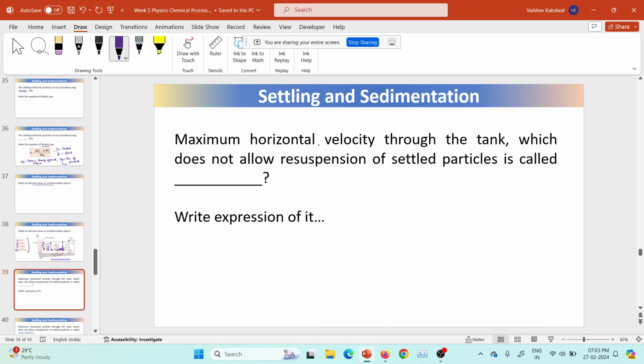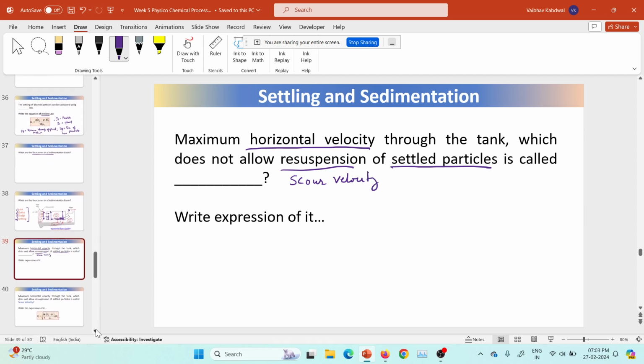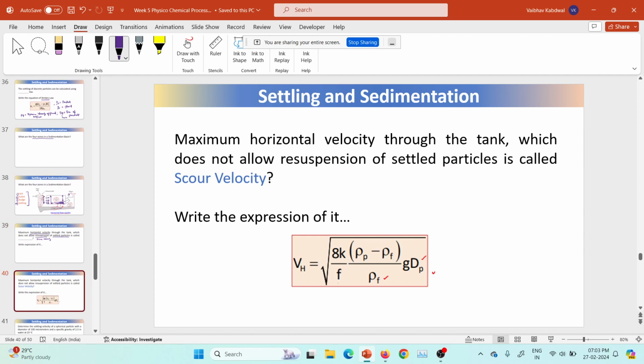The maximum horizontal velocity through the tank which does not allow resuspension of settled particles is called scour velocity, S-C-O-U-R. This is the expression.